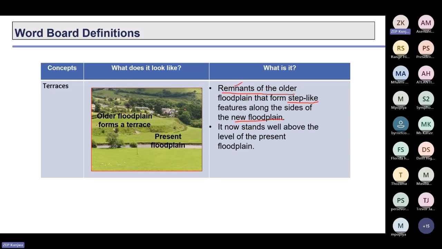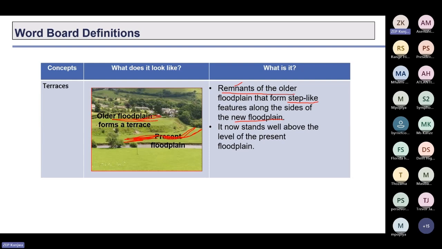So a floodplain is the old channel of the river. So before the river got in here, it used to flow in this area. So this is a new floodplain. If you can see the flat area here, that is your new floodplain. And then can you see that one there? That is your old floodplain.